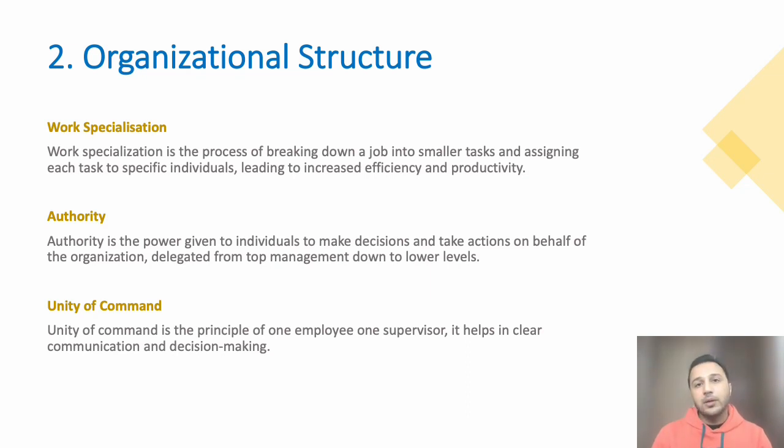Unity of command means that employees, no matter how many employees are in a group, should always have one supervisor or one line manager. There shouldn't be more than one or complex reporting, because one reporting line increases efficiency and gives clear instructions.